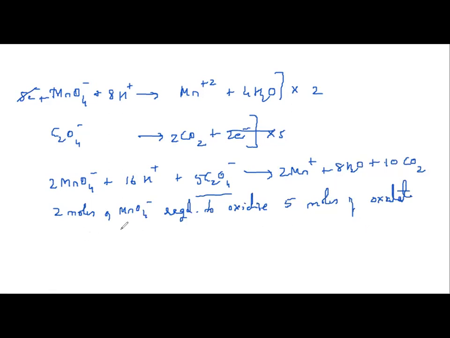So how many moles of MnO4 minus are required to oxidize 1 mole of oxalate? For 1 mole of oxalate, it is not 5 by 2, it is 2 by 5. So 2 divided by 5 is 0.4. So we get option 0.4.